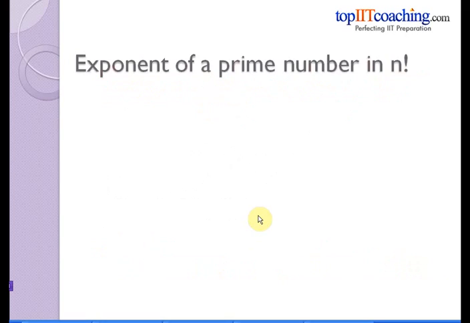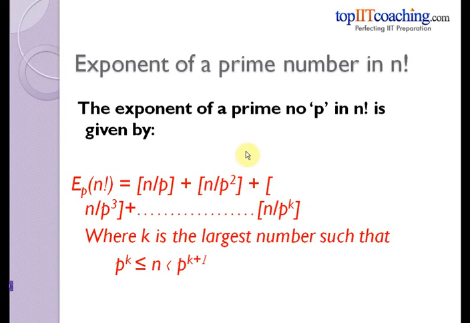Now students, let us look at a way to know the exponent of a prime number in n factorial. Here n is any natural number. The exponent of a prime number p in n factorial is given by e_p(n!) = [n/p] + [n/p^2] + [n/p^3] + ... + [n/p^k], where k is the largest number such that p^k is less than or equal to n, which is less than p^(k+1).